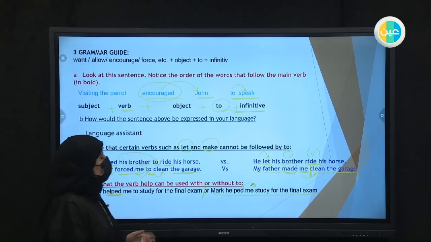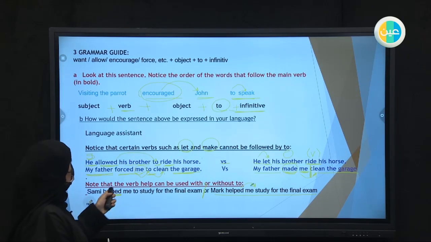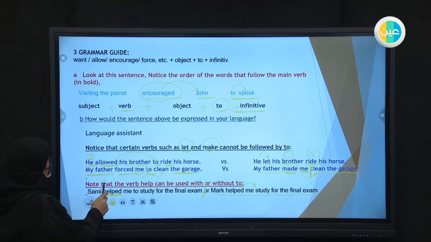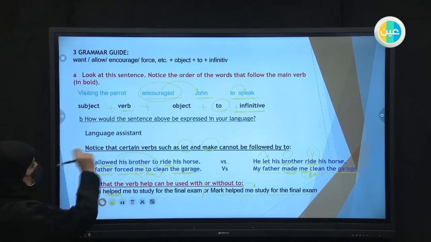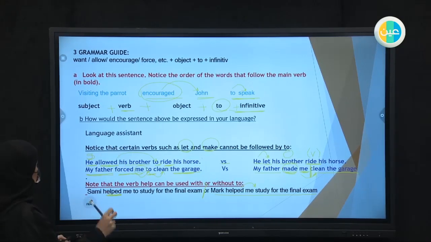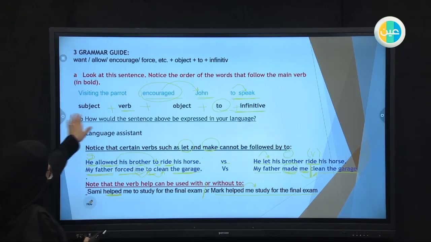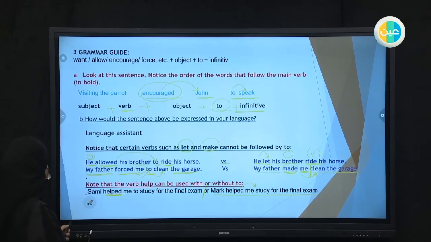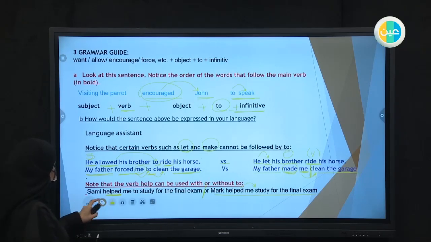This is the grammar rule. It's very clear and obvious, and if you really try to remember the pattern itself, it's so easy to write any sentence or even to do any exercise.